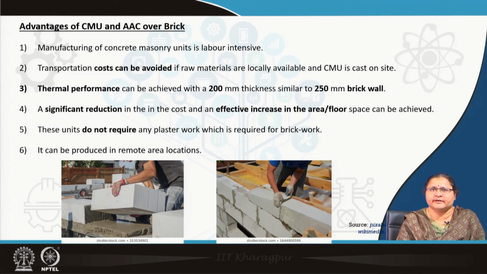These units do not require plastering, even on the internal face, because they are very smooth, and they can be produced in remote areas where there is no concept of brick. Here are some collected images where they are being set, and the construction process is much faster.